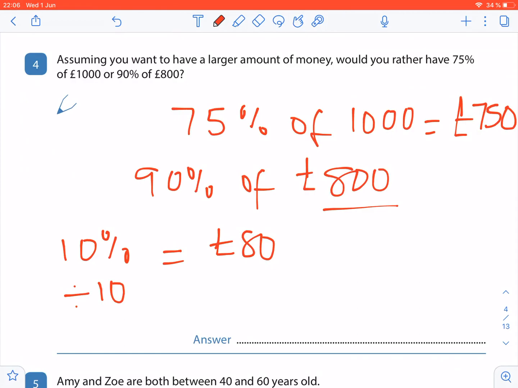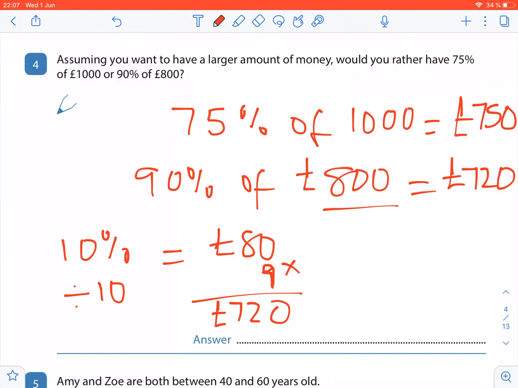And so 90%, so if we've got 10% is £80, we times by 9, to give us 90%. So that gives us £720. So 90% is £720. Which means that obviously we want the first offer. We want 75% of £1,000 because it's more money.